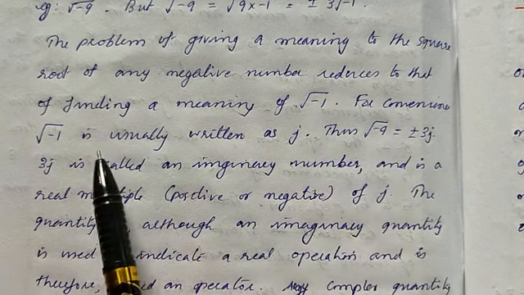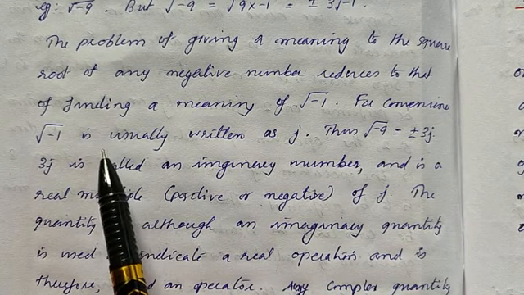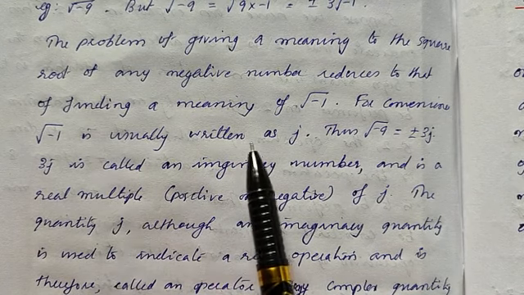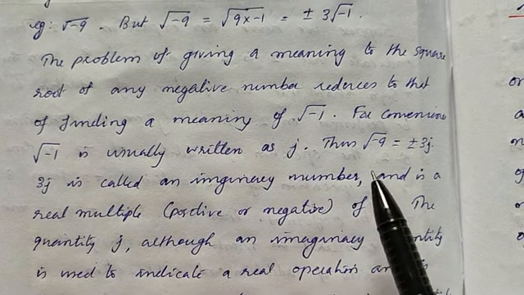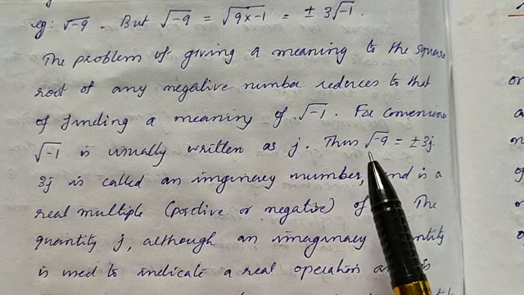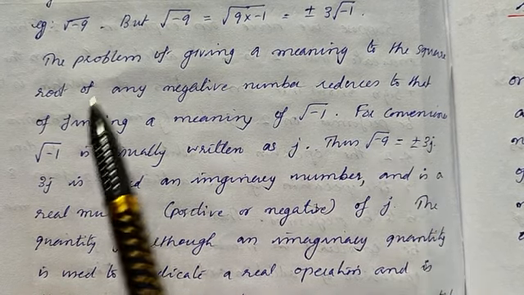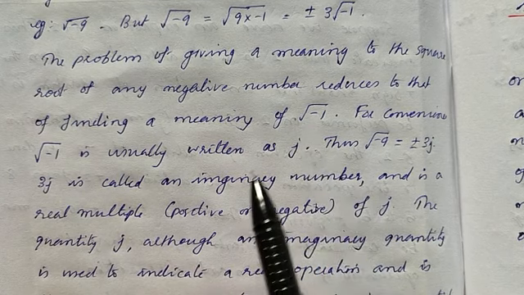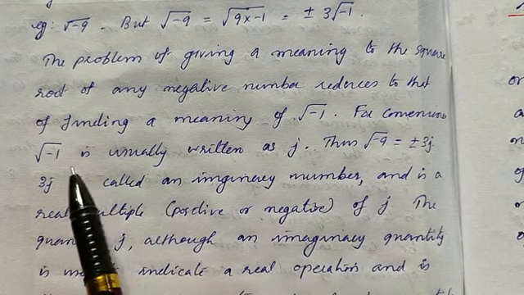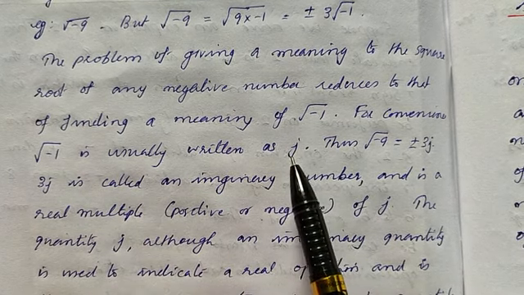So for convenience, the square root of minus 1 is usually written as j. So finding the square root of any negative number is simplified to finding the square root of minus 1, which for convenience is written as j.